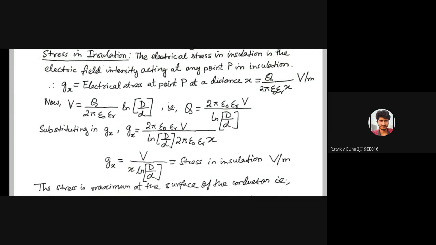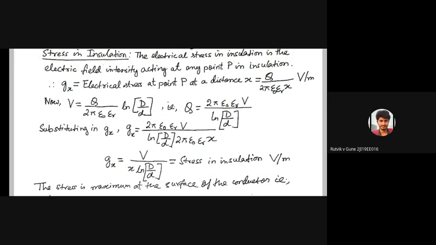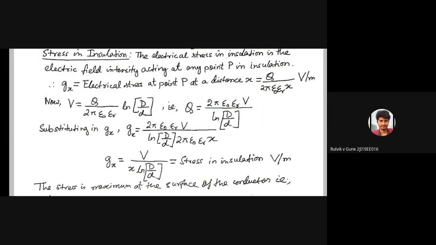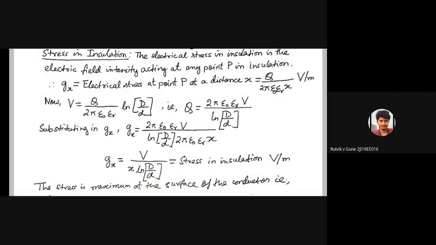Now, V equals q by 2 pi epsilon naught epsilon r. This value we also just got by integration, right? So this integrated value, V equals this value, and q is equal to 2 pi epsilon naught epsilon r V by ln D by d.